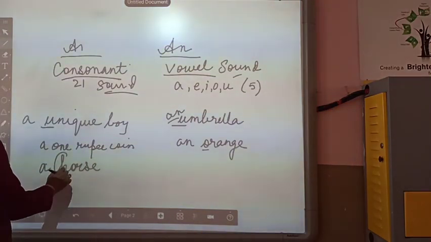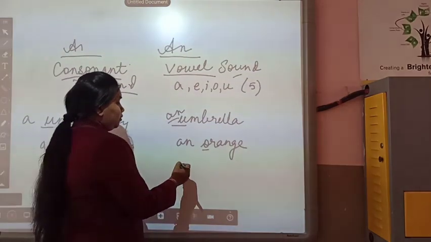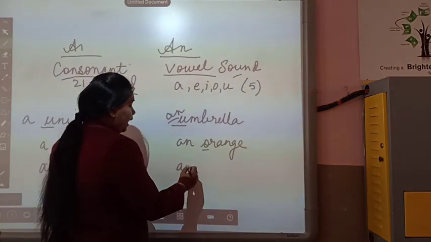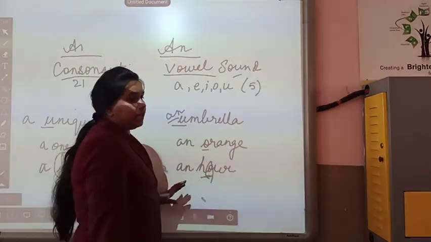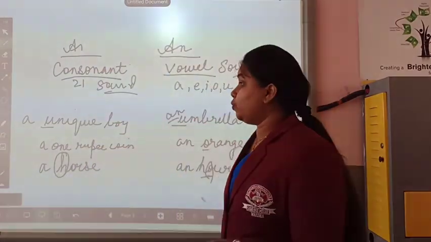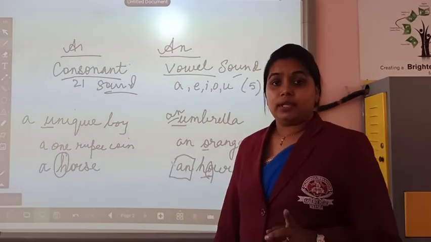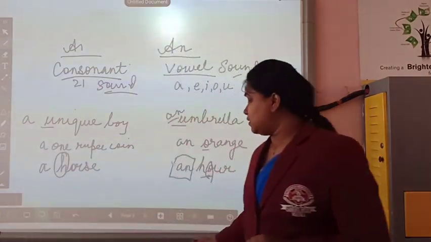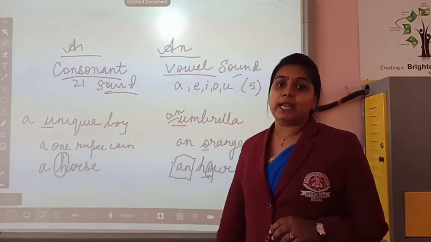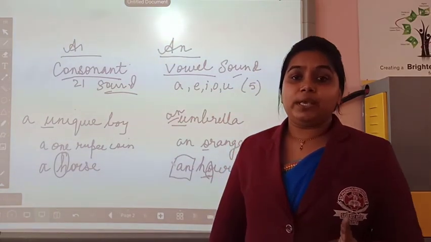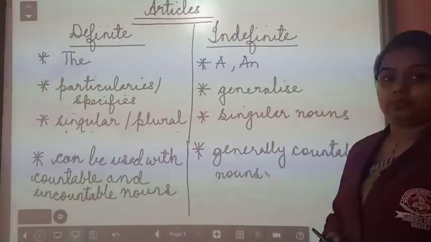It starts with a consonant sound. Here it is also starting with H and this is also starting with H, but we lay stress on the sound and then accordingly we use a and an. So you have to keep this in mind while using a and an for the nouns.